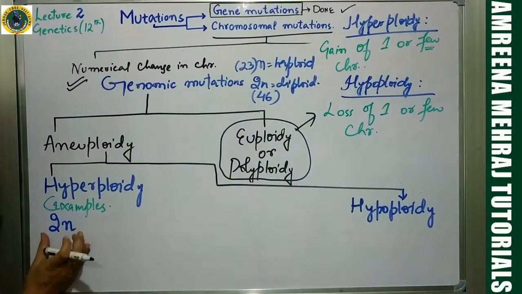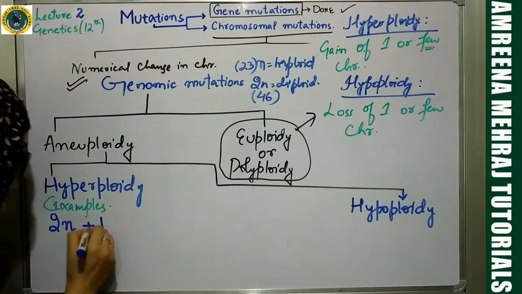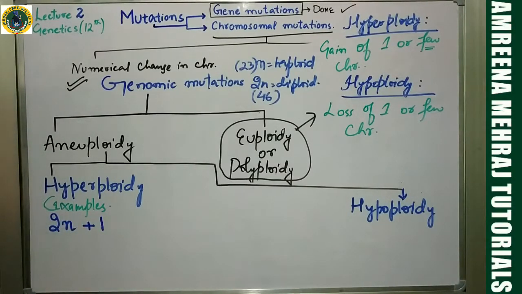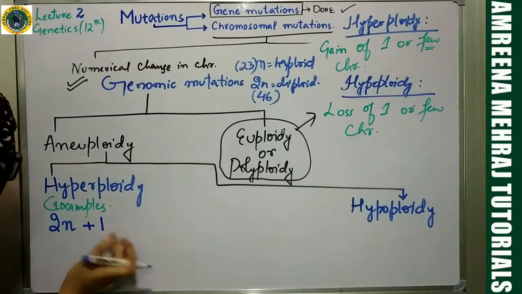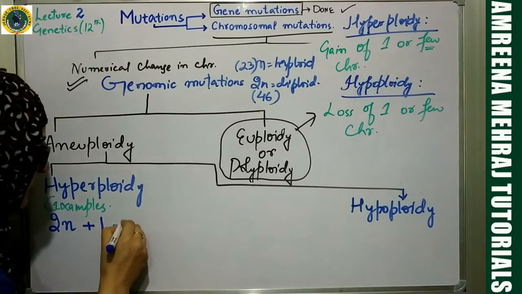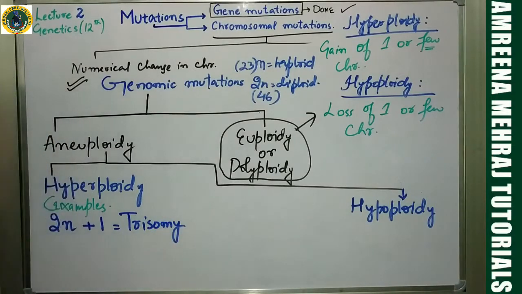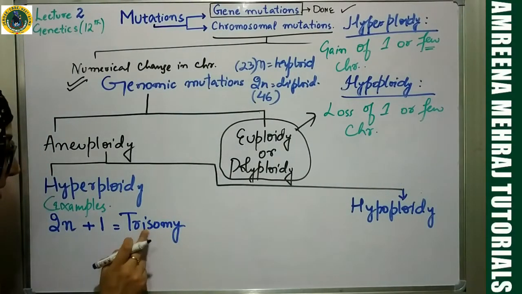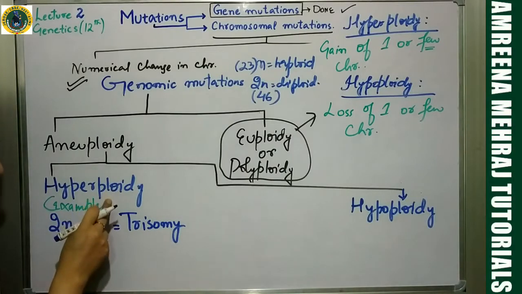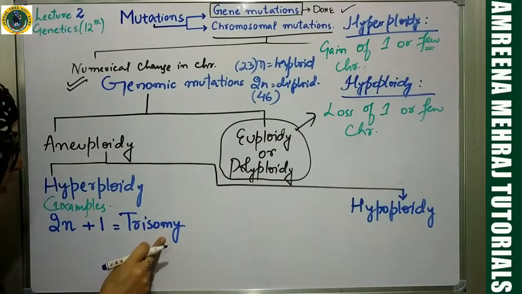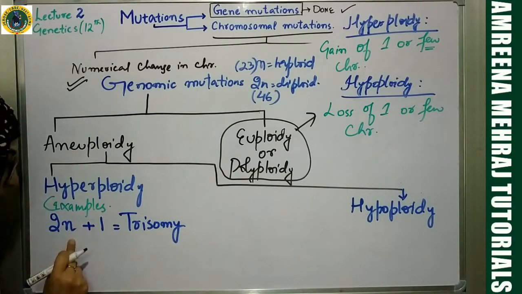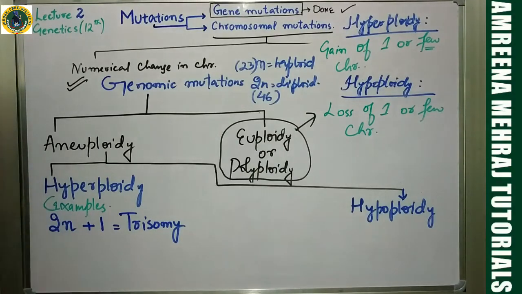Suppose a normal organism is 2N, and this organism has 1 chromosome more. How will I represent that? 2N plus 1, gain of 1 chromosome. This 2N plus 1 condition is called trisomy. Very easy to think. Trisomy is that condition of hyperploidy in which an individual has a diploid set with an additional chromosome.